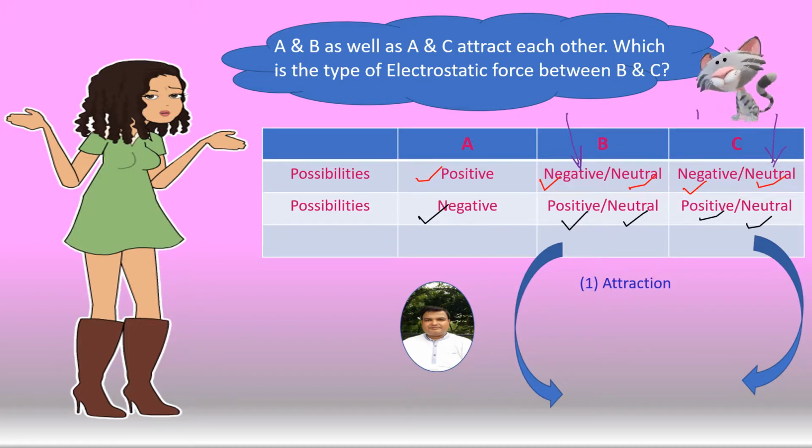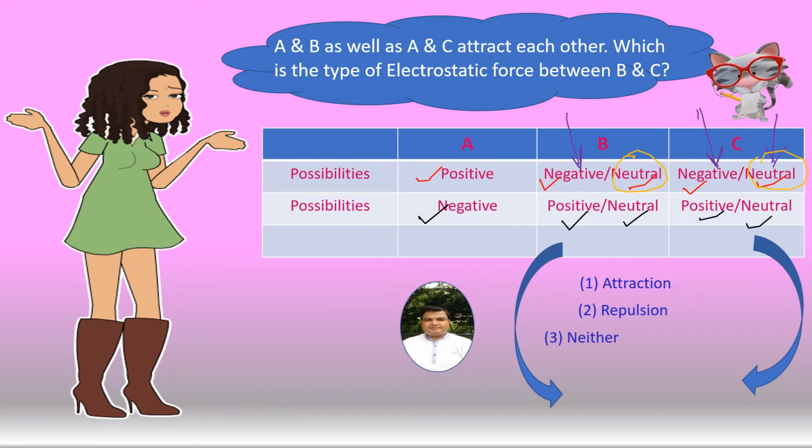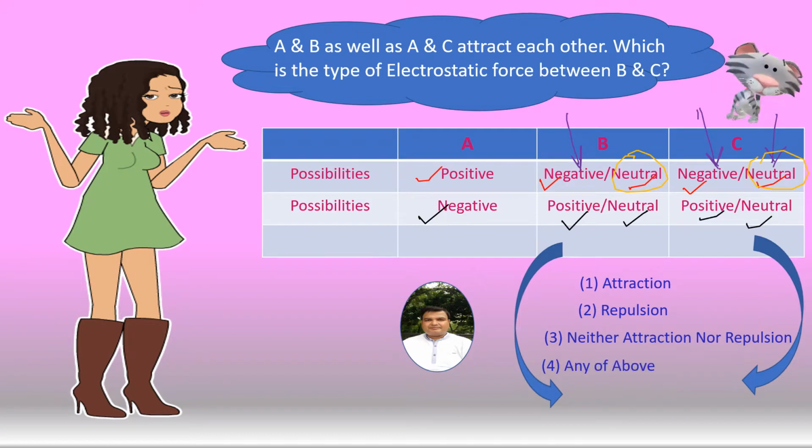But it may happen that B and C both are negative. Then what happens? They repel each other. But it may also happen that both are neutral. Then what happens? Neither attraction nor repulsion. This means any of the above cases is possible.